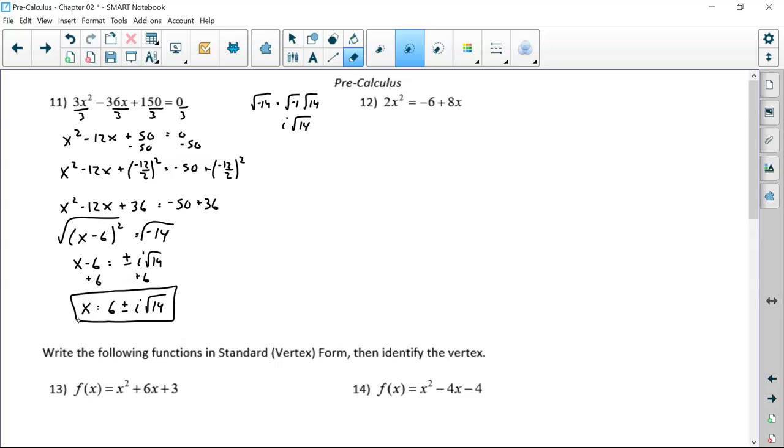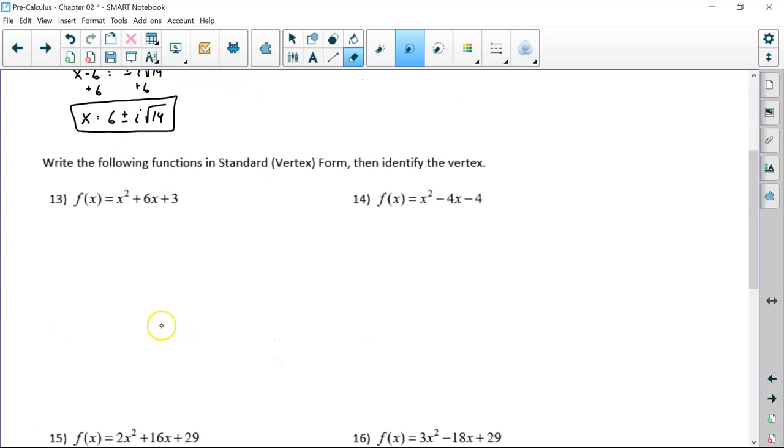For our next set of problems, we're going to be writing from standard form, or general form, into vertex form. So now, to get into vertex form, we're going to keep it as f of x. Just like we did before, I want to isolate my x squared and 6x. My leading coefficient is 1, that helps. I'm going to start by subtracting 3 from both sides. So f of x minus 3, leave some space, equals x squared plus 6x.